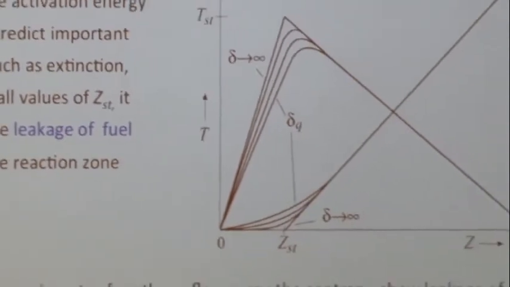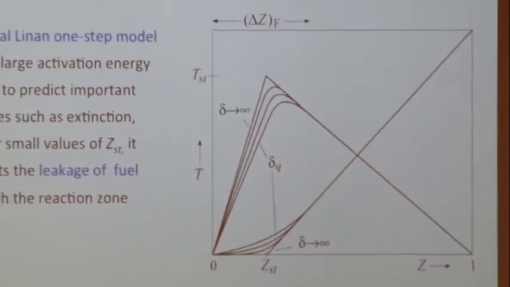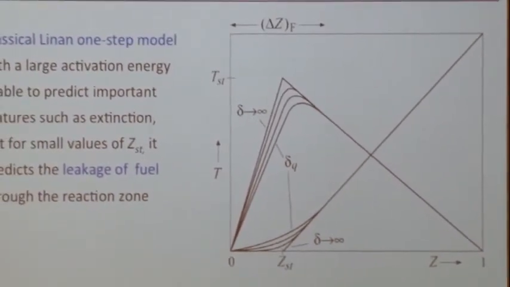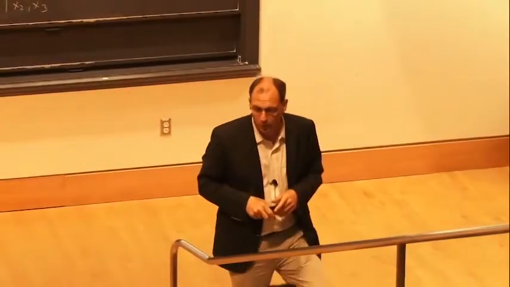Okay, so just like for the premixed flames, where you can do an analysis using thermal flame theory with a one-step global reaction, you can also do the same thing for the diffusion flame. There is a classical analysis by Professor Amable Liñán. He did this in the 70s.